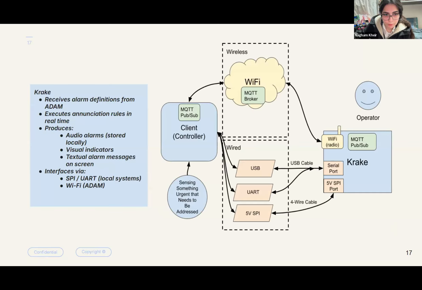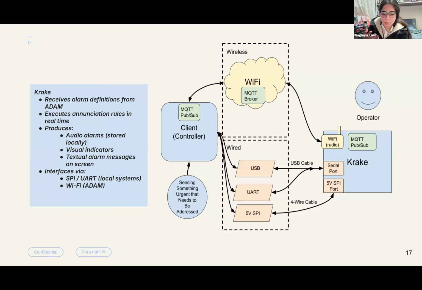Let's talk more about Krake. Krake serves as the physical alarm execution and annunciation layer, just as Robert mentioned. So Krake is equipped with SPI, UART, and Wi-Fi interfaces. I'm going to get a bit more technical here to explain how we get the alarm.